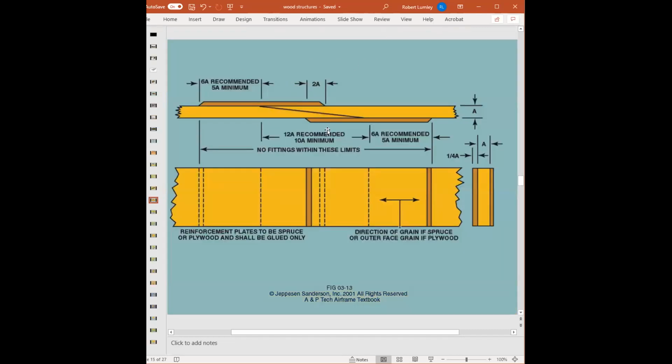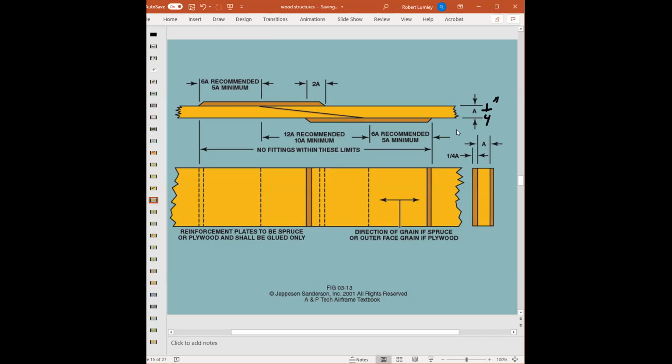Once again, here's some splices. Now, a lot of times the thickness of the material here can be really small. For example, the dimension A, the thickness of this, if this is a wing rib, it's a possibility that this board here is only a 1/4 inch thick.